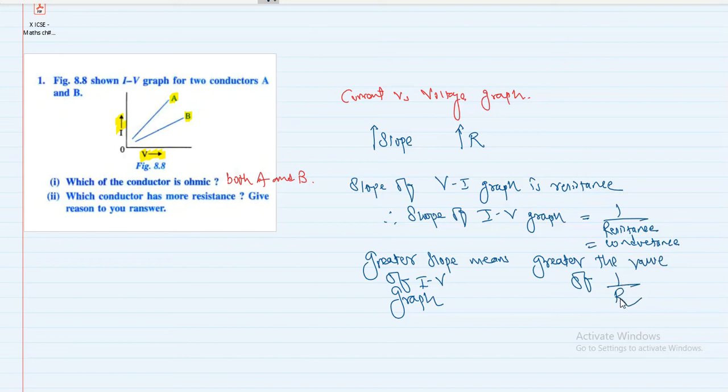That means reciprocal of resistance will be greater. That means resistance will be smaller, and smaller the value of resistance.